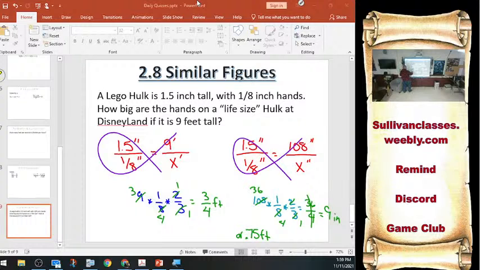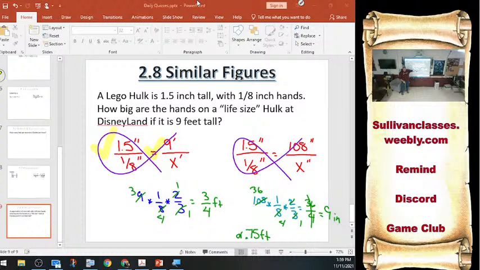So I'm going to say, A. Did you set up a proportion? Is there actually fraction equals fraction? B. Did you have the correct things matching? Now, it didn't have to be this way. You could have said tall is to tall as model hands is to big hands.